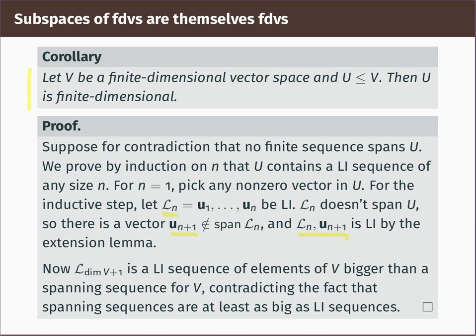But the problem is these sequences also belong to V. They're elements of U, which is a subset of V. So those linearly independent sequences are also linearly independent sequences in V. But if we just look at the sequence which has got length 1 bigger than the dimension of V, that is a linearly independent sequence of elements of V, which is bigger than a basis of V. So it's bigger than a spanning sequence in V. But that contradicts the Steinitz exchange lemma, which said that spanning sequences are always at least as big as linearly independent sequences. So we've got our contradiction, and in fact U must be finite dimensional.